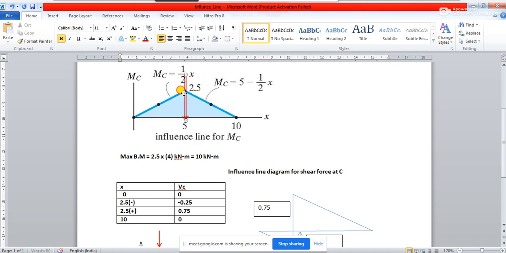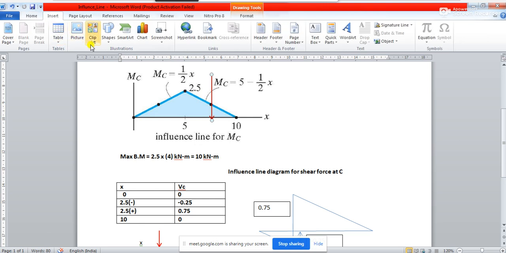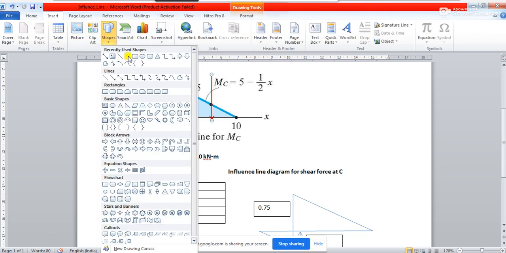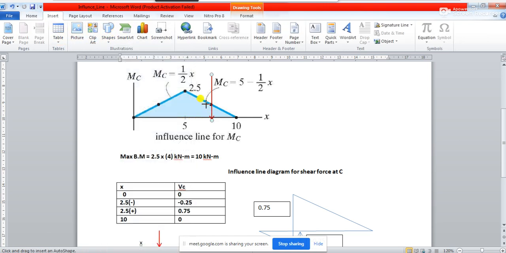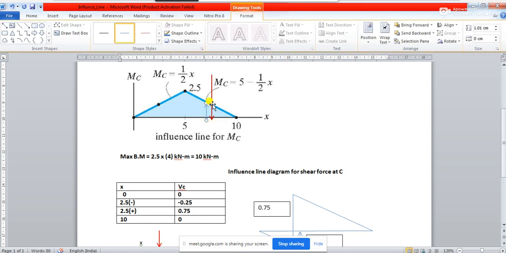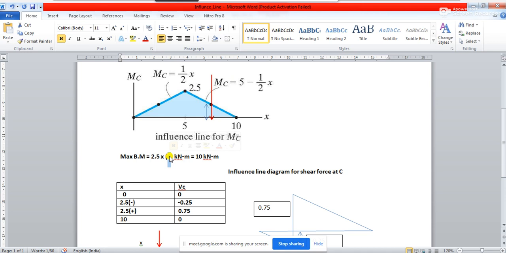Suppose instead of this 2.5, you are placing this load over here, you will have to take this ordinate. You find the value of this ordinate, multiply it with the value of 4, and that gives you the bending moment because of the position of this load.